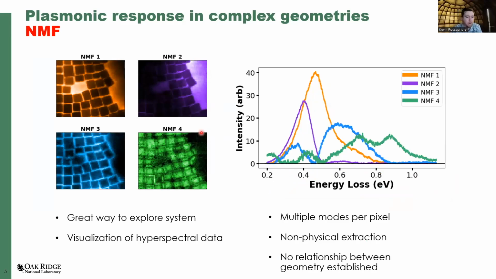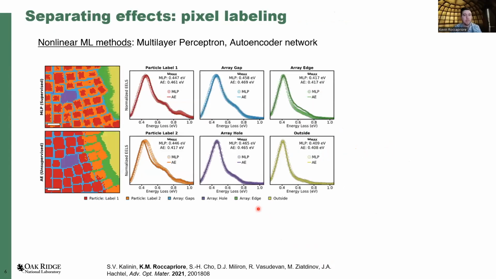Again, as I mentioned, we can do NMF or PCA, any of these dimensionality reduction techniques. They can pretty nicely show you what's present, but don't really tell you anything about the relationship between the geometry that you have and the actual spectrum. So this is a nice way to explore the system, but there's not really any physical intuition that comes out of this, and no relationship is established here.